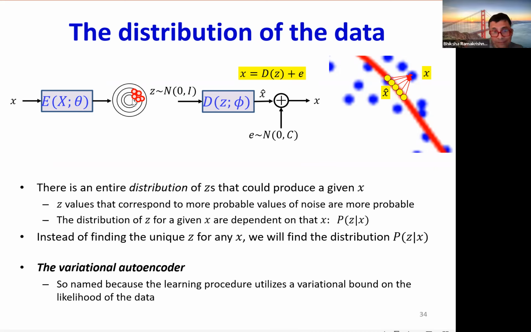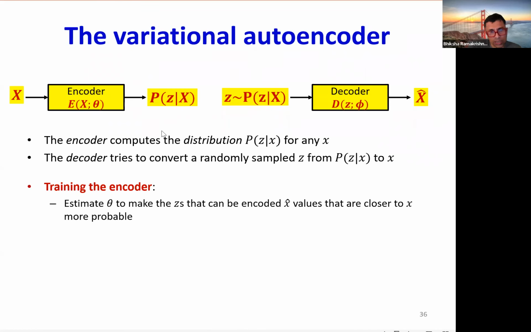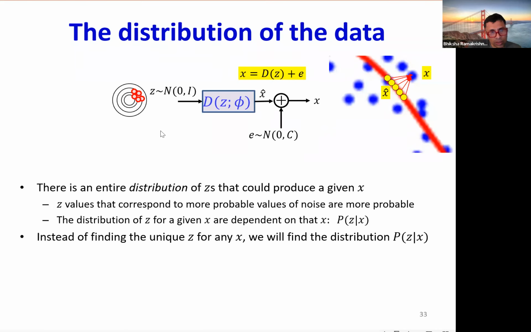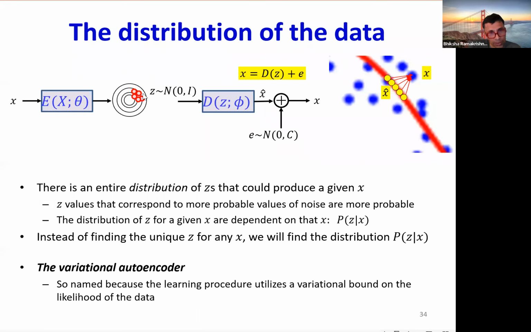Now this is where the variational autoencoder business comes in. We are going to approximate this distribution by a Gaussian.